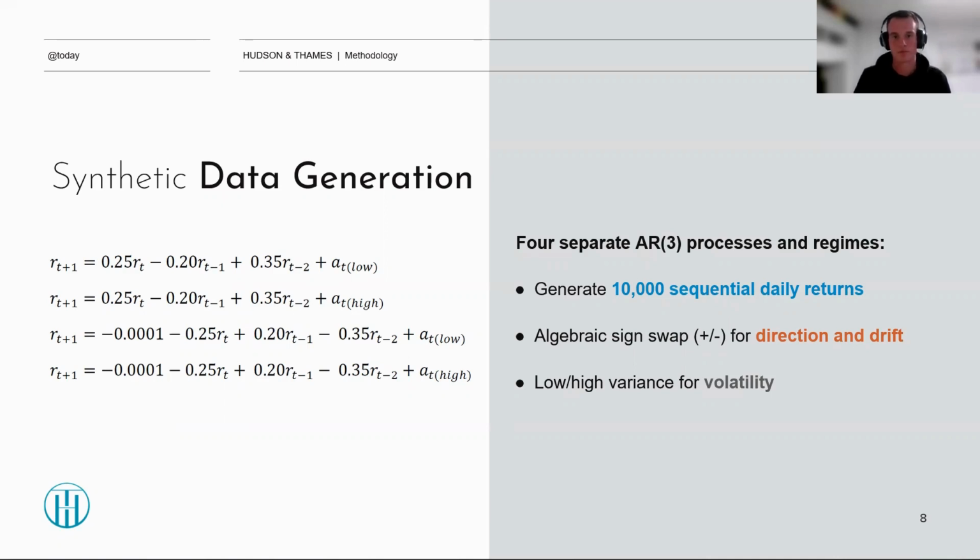If this threshold was passed, we used the high volatility regime, and if not, the low volatility regime. This process was repeated every 30 observations.